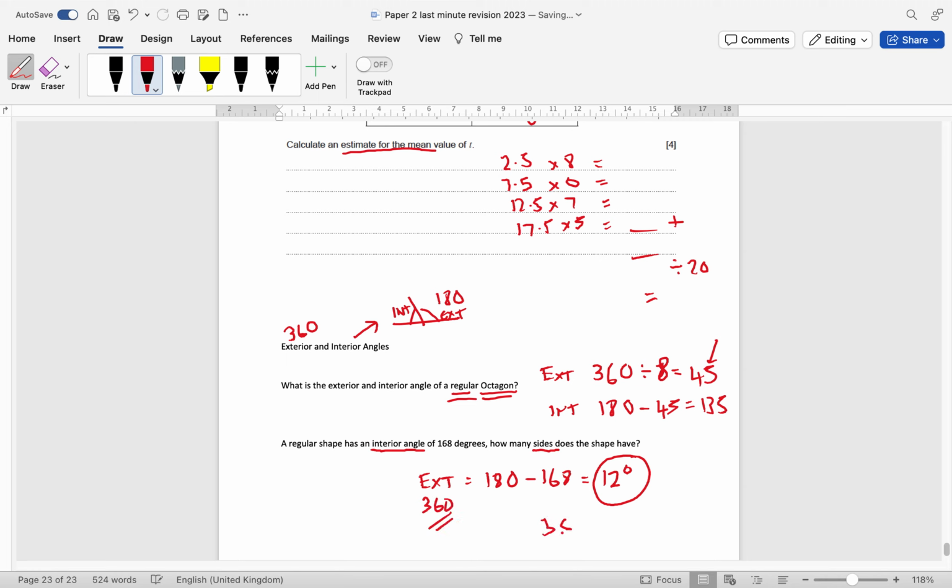So here I'm dividing 360 by the exterior angle, which will tell me that there are, if you use a calculator, 30 sides to this shape. So 360 divided by the number of sides will give me the exterior angle, or 360 divided by the exterior angle will give me the number of sides.